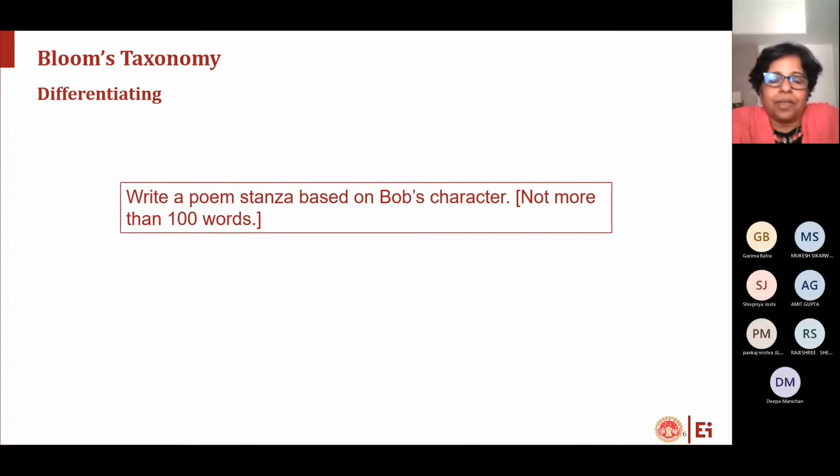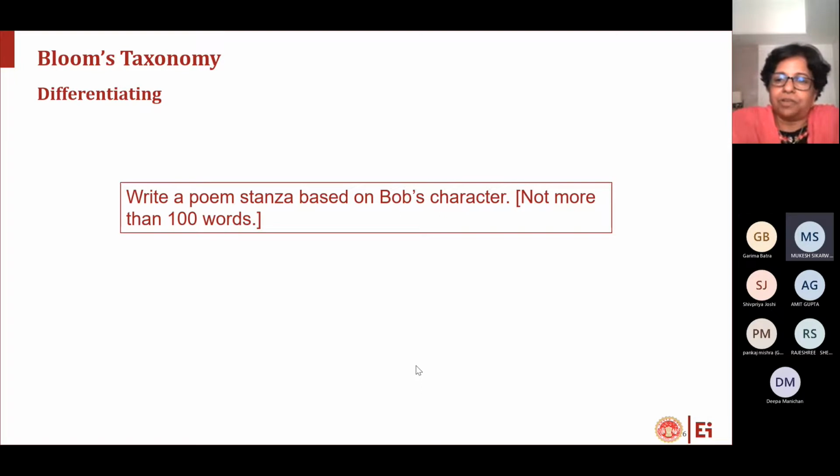Okay. Can one of you read this question? Mukesh sir? Yes, ma'am. Write a poem stanza based on Bob's character, not more than 100 words. I think, ma'am, it's the concept level. For me, it's a concept level.